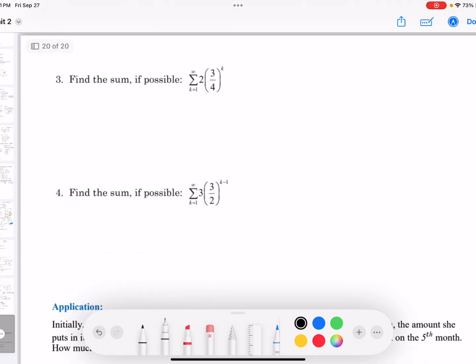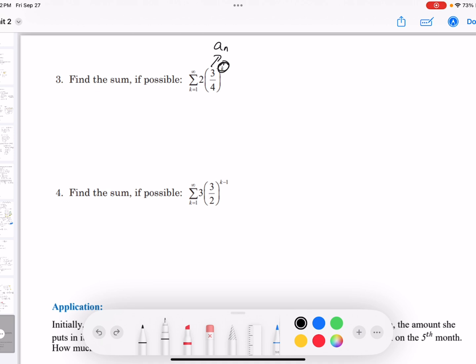Okay, let's see number 3. Find the sum if it's possible. From this one, I can tell it seems like a geometric sequence. So this is the a sub n. Here is k, and the sigma is of this geometric sequence. The index k is from 1 to infinity.